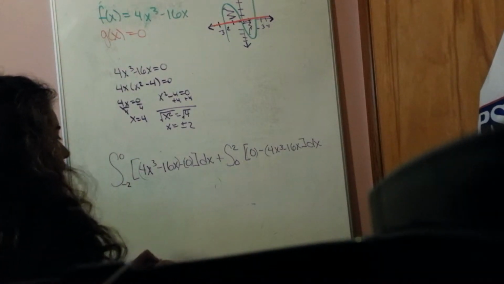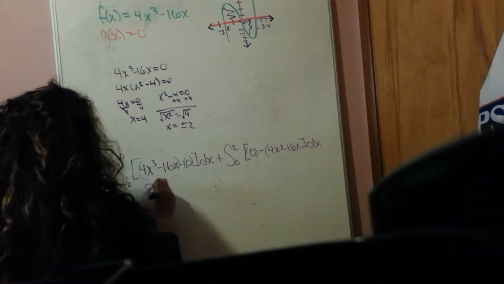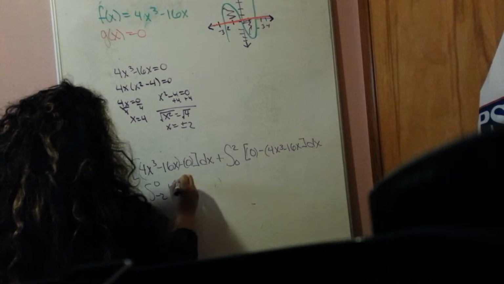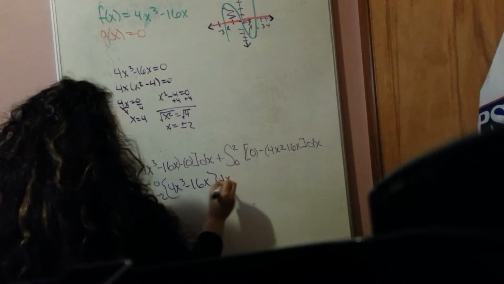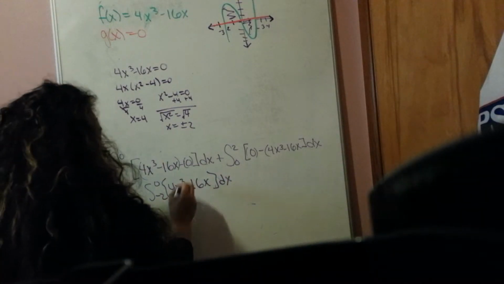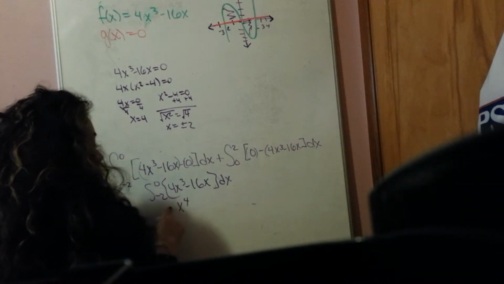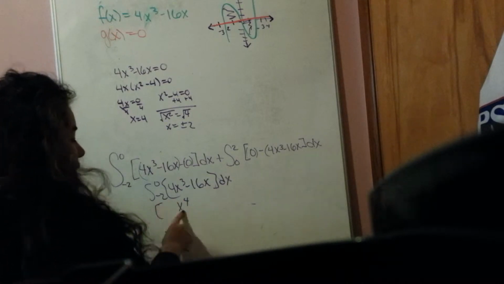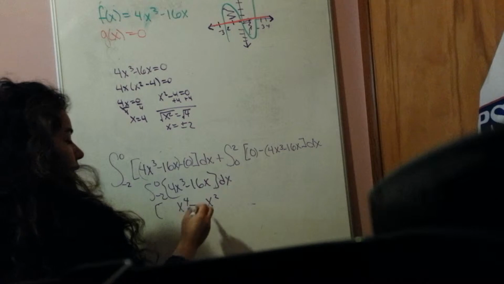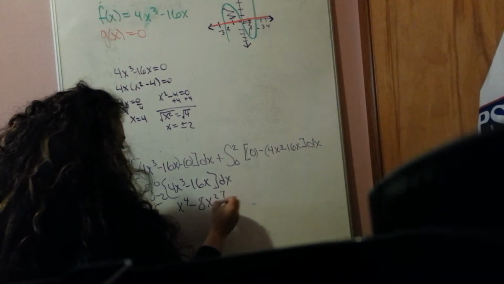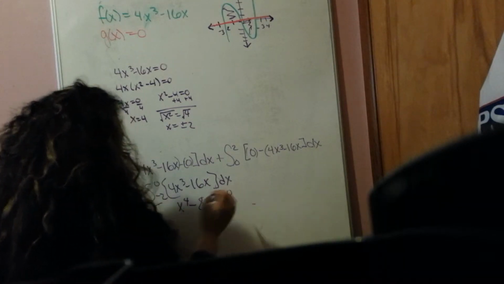Over here, the antiderivative of 4x cubed minus 16x: you add 1 to the exponent and divide by 4, and it's x to the 4th, and then for the second term you add 1 to the exponent and divide 16 by 2, it's 8x squared. This is for negative 2 and 0.